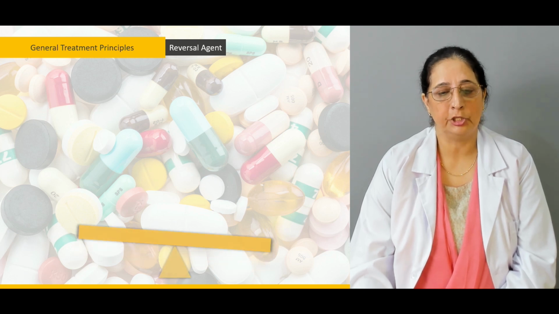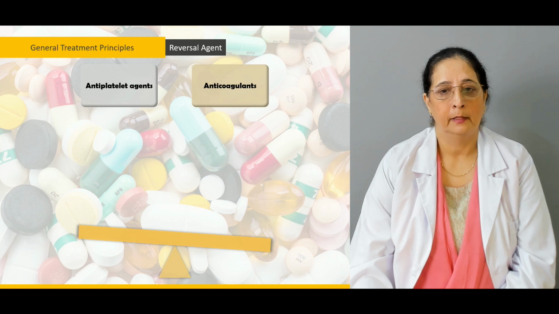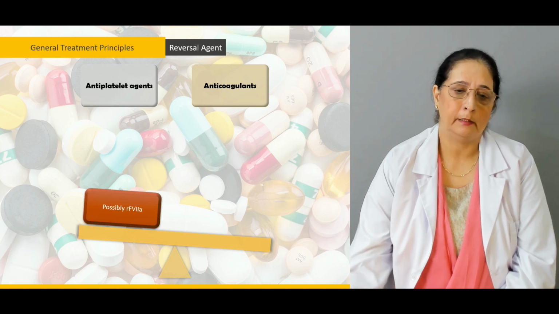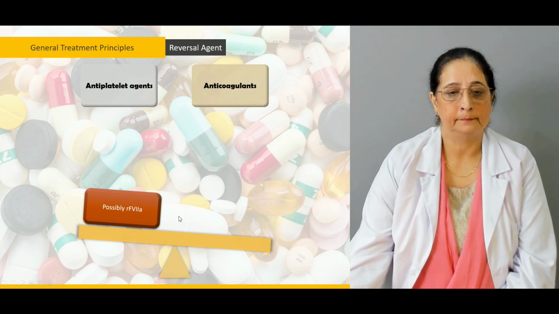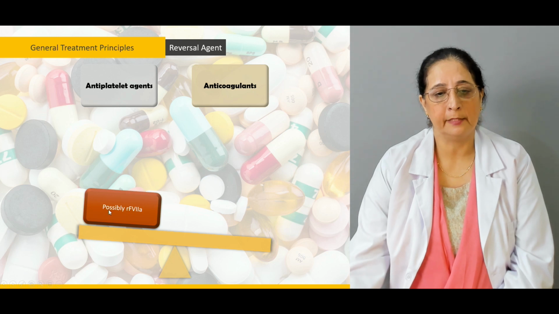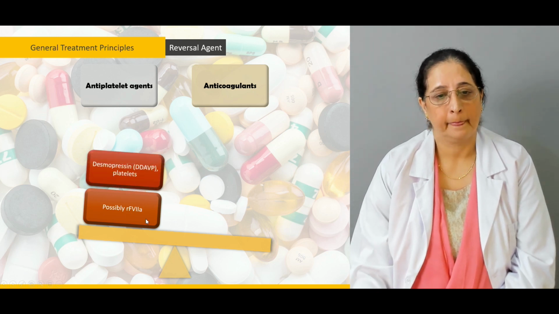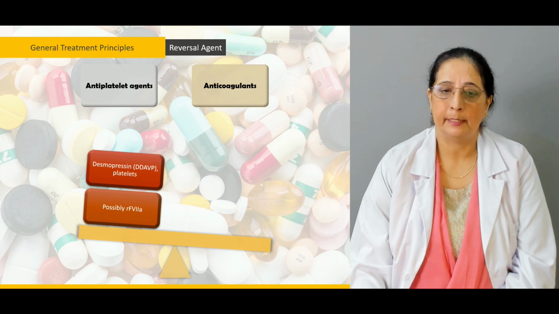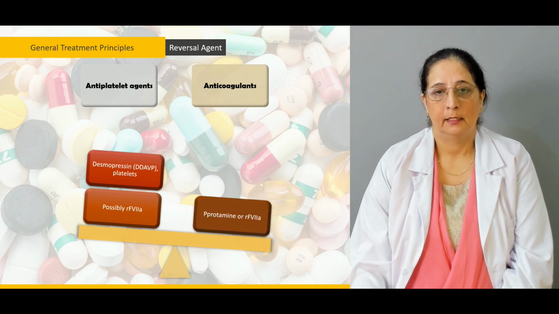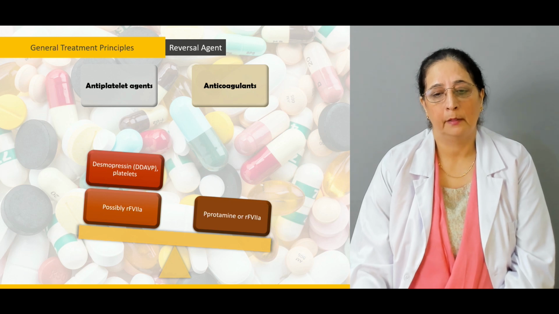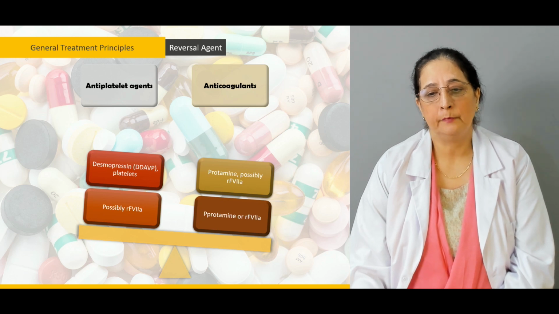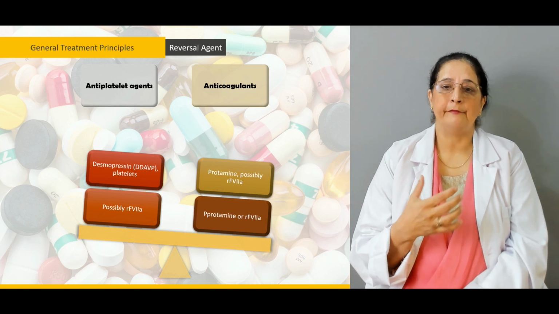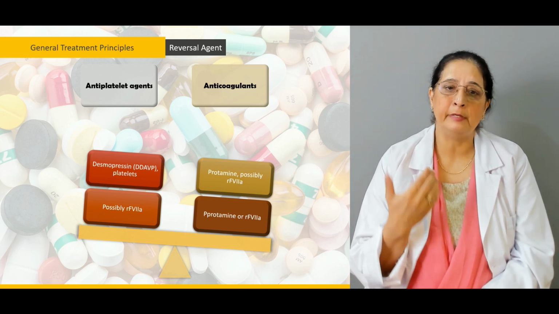Some reversal agents are for the antiplatelet agents: rFVIIa, recombinant factor VIIa, desmopressin, platelets, protamine, possibly rFVIIa. These are some reversible agents. They can be reversed.